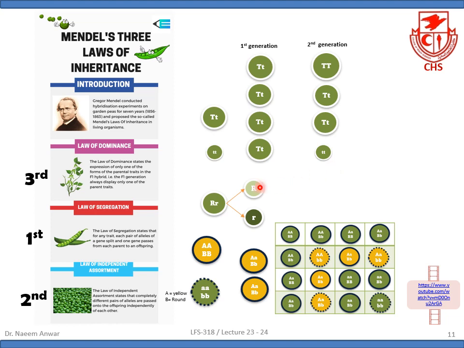So you can see that the F1 generation will always display only one of the parent's traits. So one of the parents' traits will be expressed mainly in the first generation. Then in the second generation it will be a combination of all of the alleles.